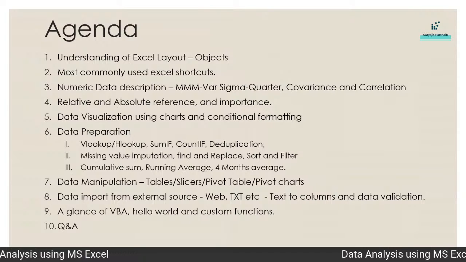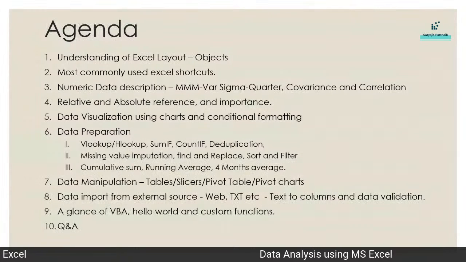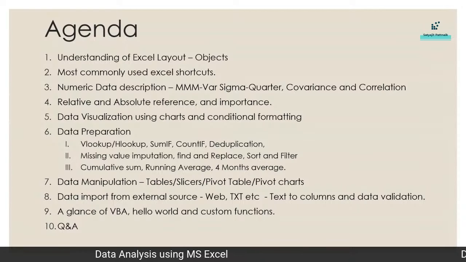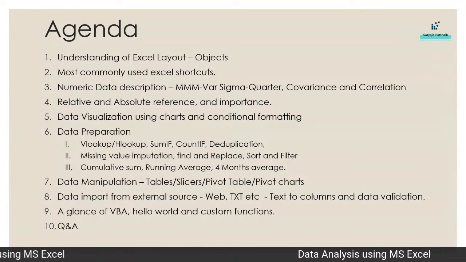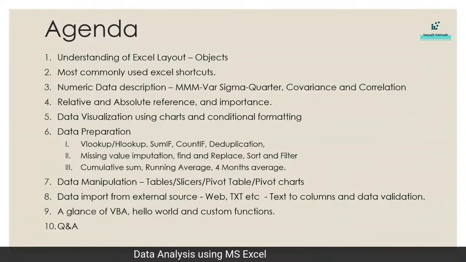So it's more of understanding how Excel is, the layout of Excel. Then I'll be showing some shortcuts, not extensively all of it, but the most commonly used. Personally, I use most commonly some shortcuts which are very helpful.